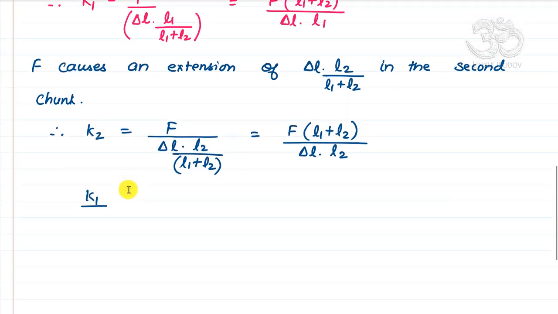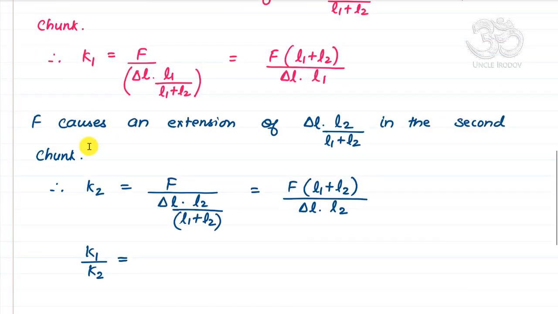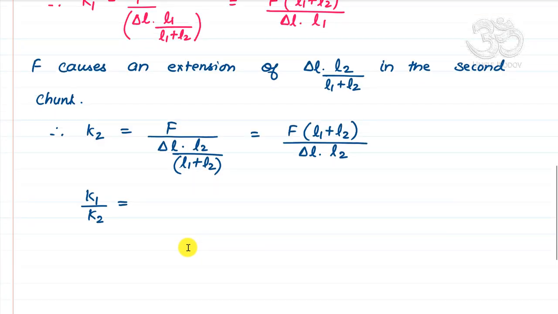So now K1:K2 will be, and if I find the ratio of the left hand sides, I can find the ratio of the right hand sides. F and L1 plus L2 etc. will cancel out, delta L will cancel out, and L2 will flip up. So K1 by K2 will be L2 divided by L1, or you will get K1 L1 is equal to K2 L2.